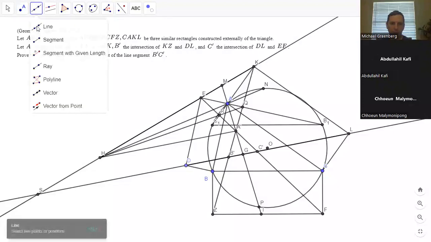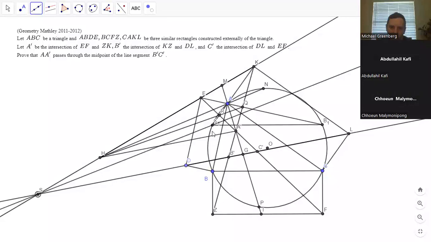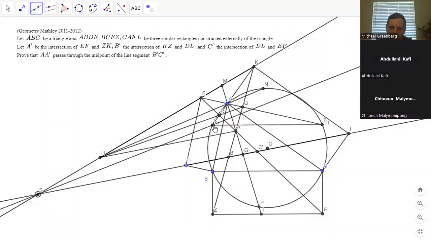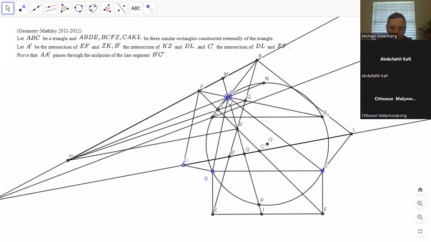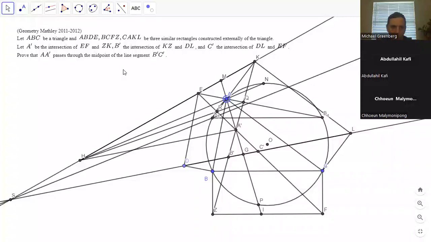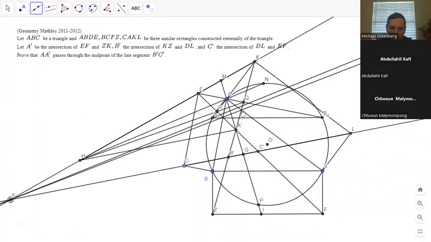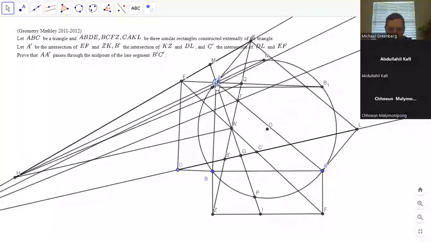See if there's anything about point S that's special. Are those collinear? ST, no.